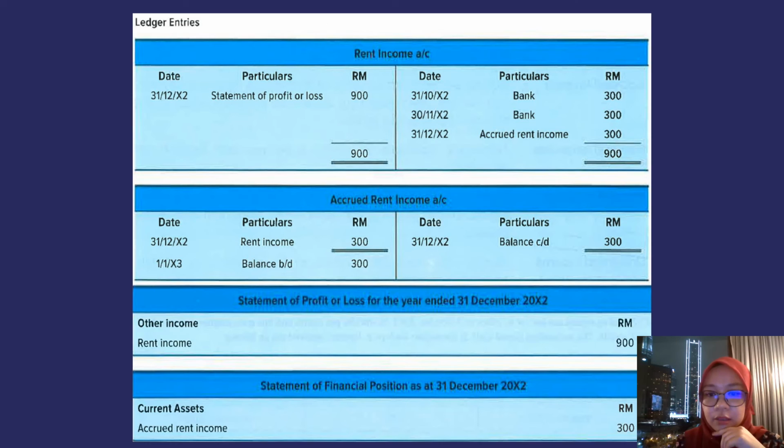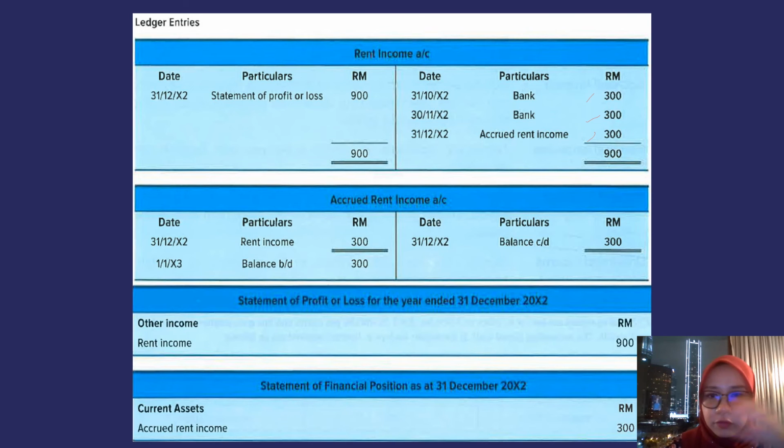So from the journal entry, we transfer it to our T ledger accounts. Record the payment received, and then recognize whatever income that the client doesn't pay us yet as accrued rental income.